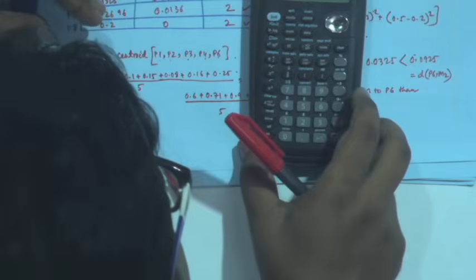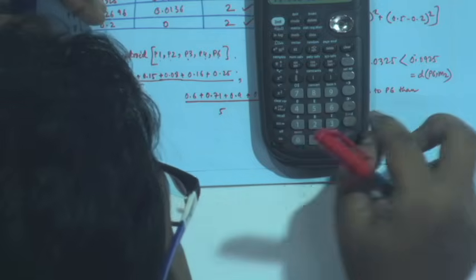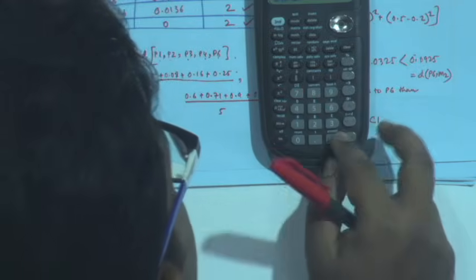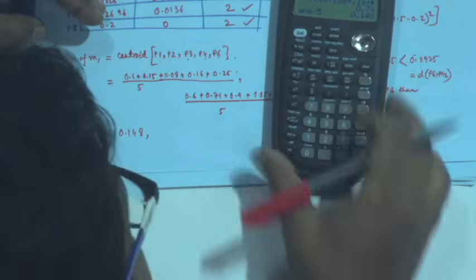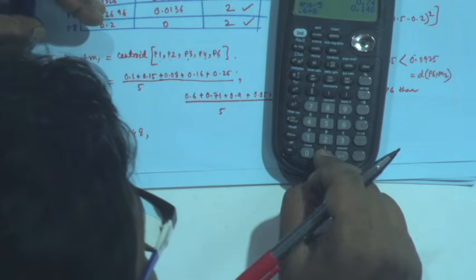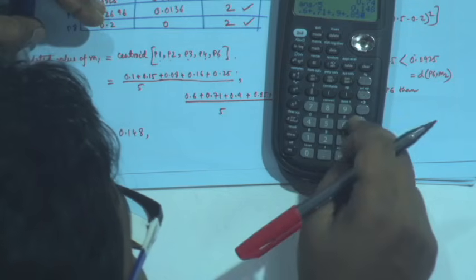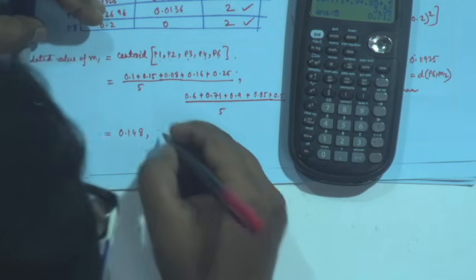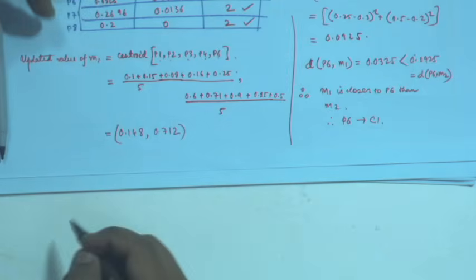And if you do this calculation, it's 0.1 plus 0.15 plus 0.08 plus 0.16 plus 0.25, everything divided by 5, so 0.148, and this one is 0.6 plus 0.71 plus 0.9 plus 0.85 plus 0.5 divided by 5, which is 0.712. So this is going to be the updated value of M1.